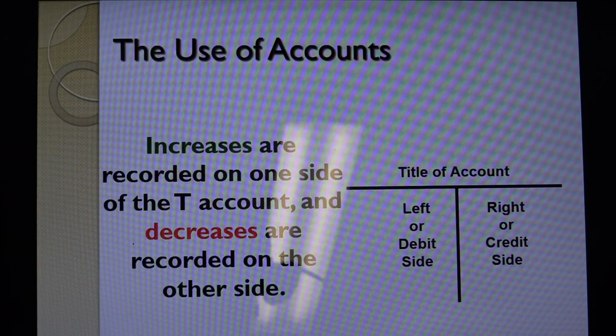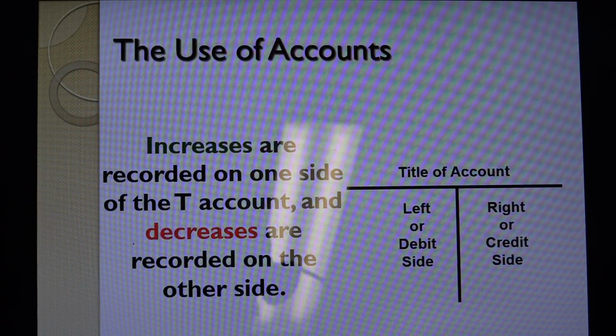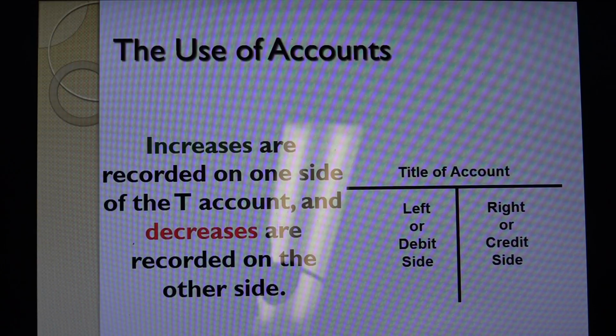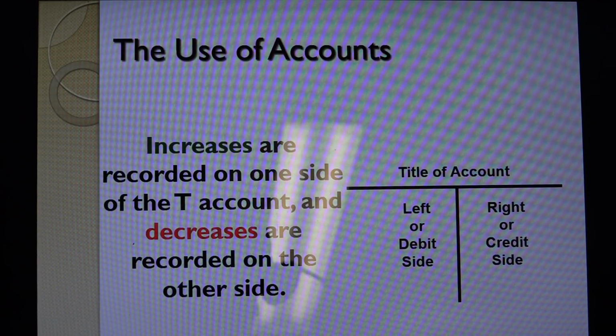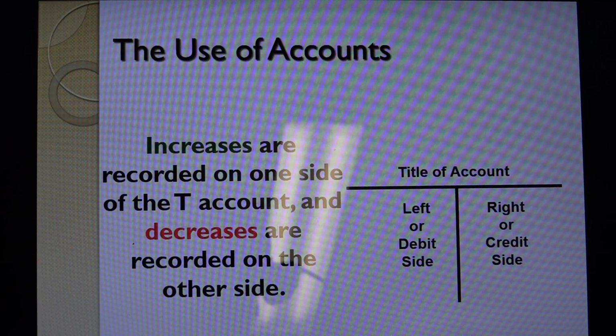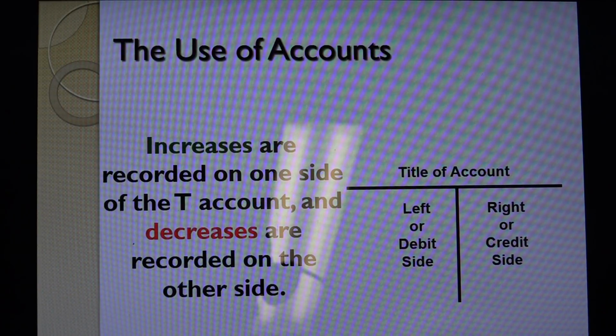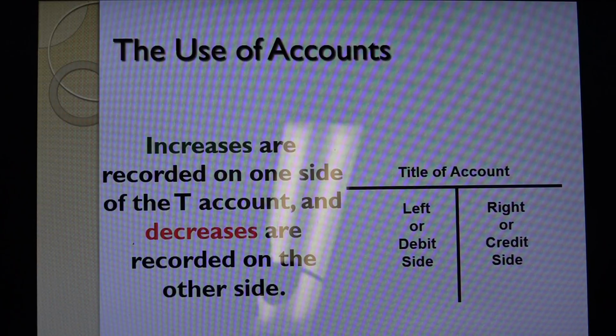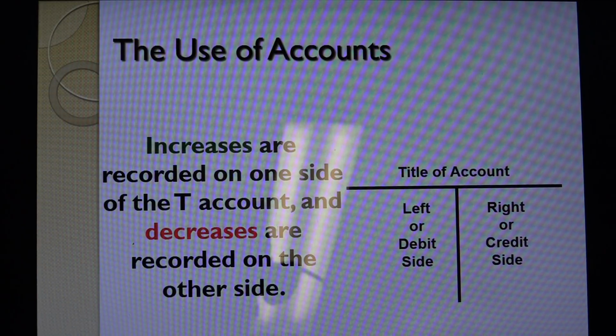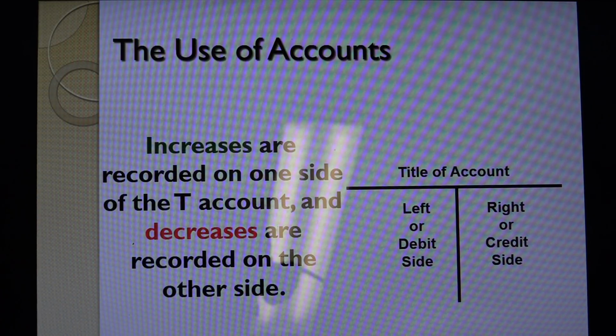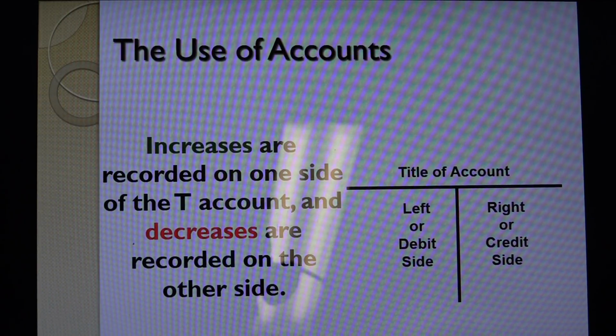Now, we keep track of these accounts, especially when we're starting out, looking at what we call a T account. This T account symbolizes what a particular account in the ledger would look like.